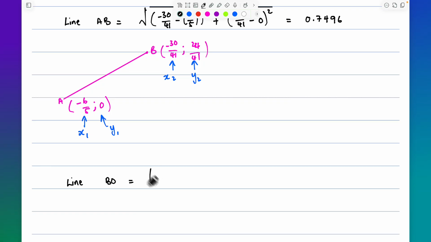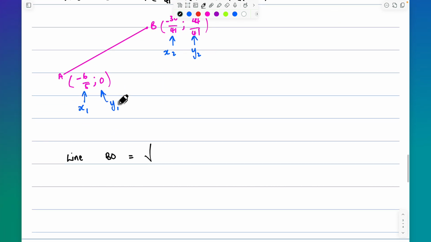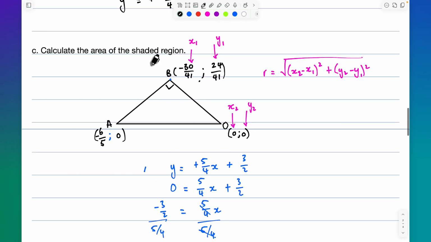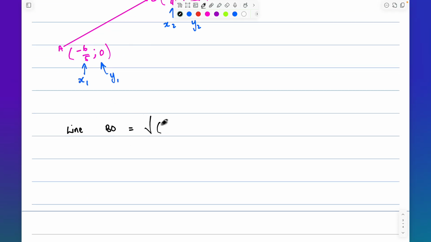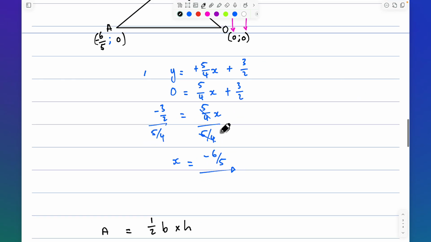All right. And then the line BO is exactly the same, right? So now we're not going to draw the lines again. We're just going to come into the equation. We know we have to subtract the x's. So what's the x value of point B? You subtract it from the x value of point O, which is 0. That's convenient, right? So we're going to say negative 30 over 41 minus 0. You square that. That's your difference in your x's, plus your difference in your y's, which is 24 over 41 squared.